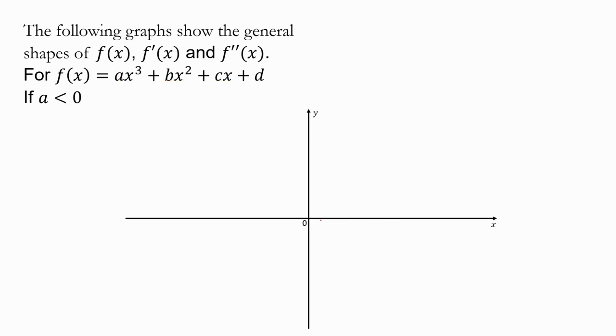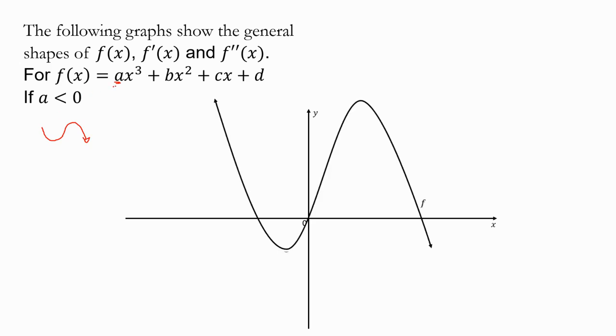This one will be fast because we've discussed most of the things when a was greater than 0. When the graph is shaped like this, it's still the same thing. The turning points of the original function will give us the x-intercepts, and the point of inflection will give us the turning point.